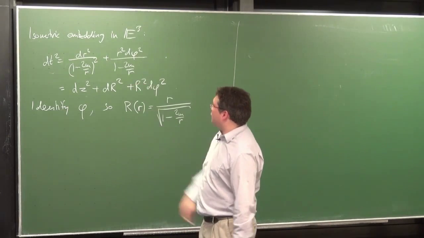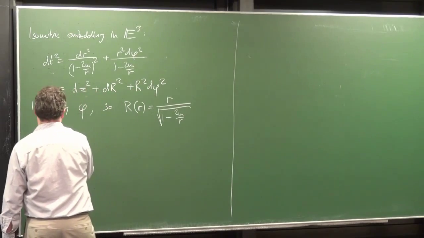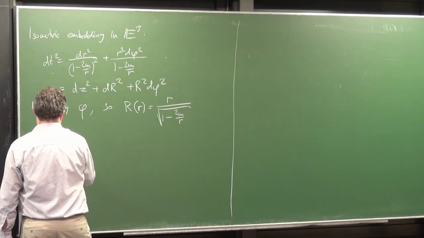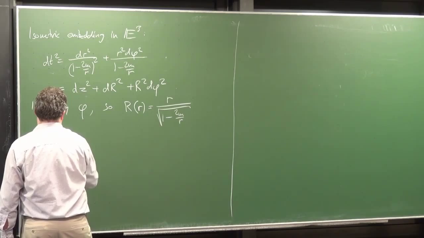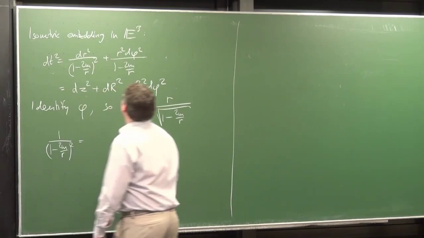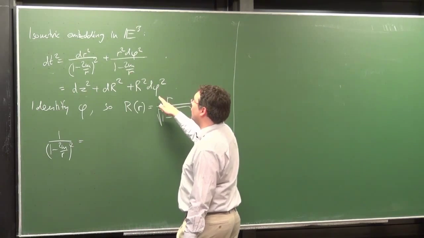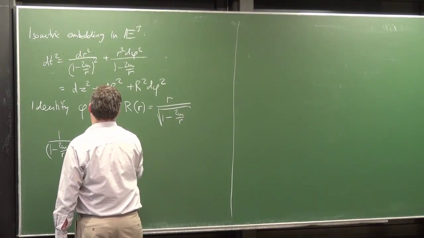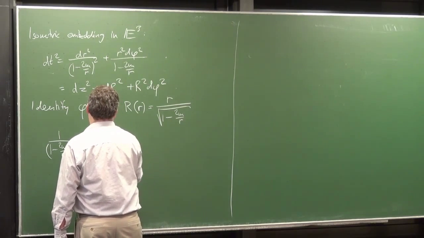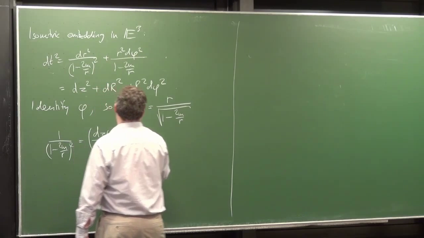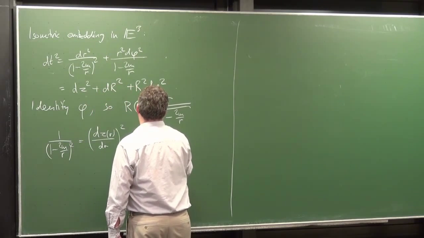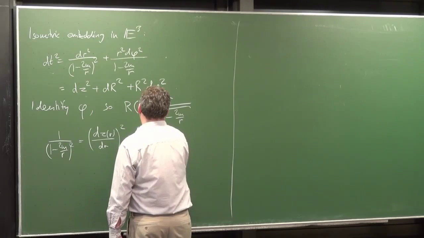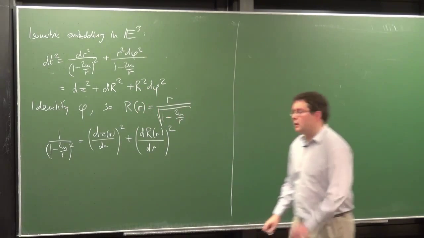So by rearranging, you see that we have to determine 1 over (1 minus 2m over R) all squared is equal to (dz of R by dr) squared plus (dR of little r by d little r) all squared.